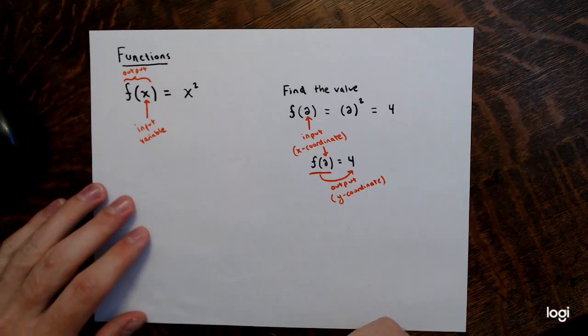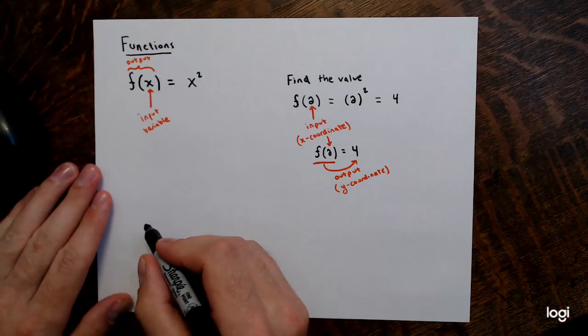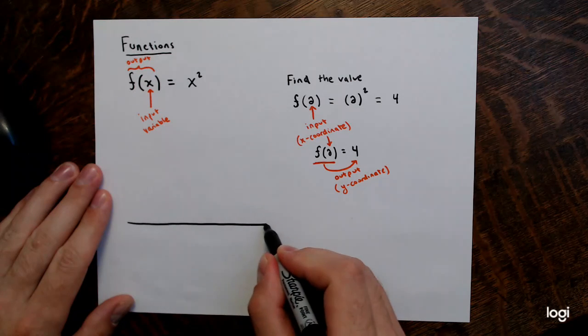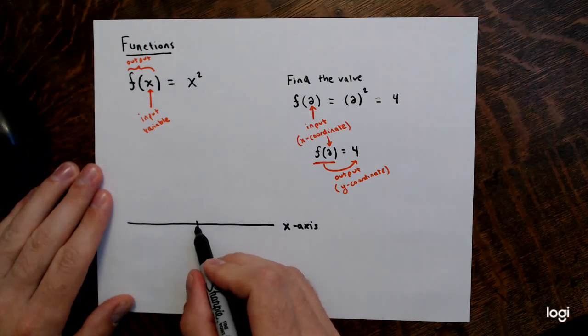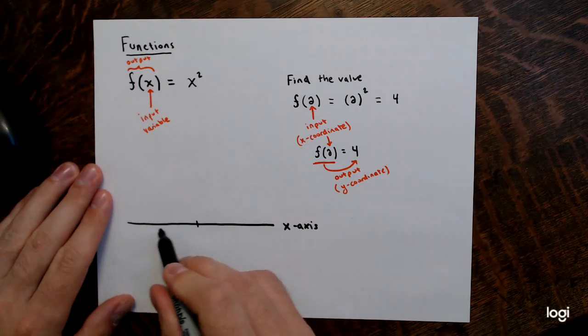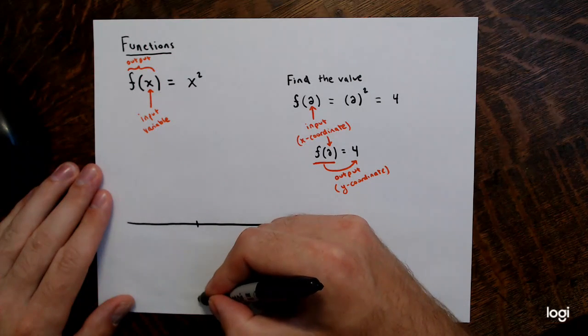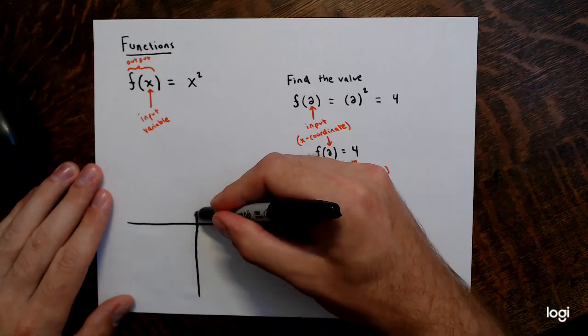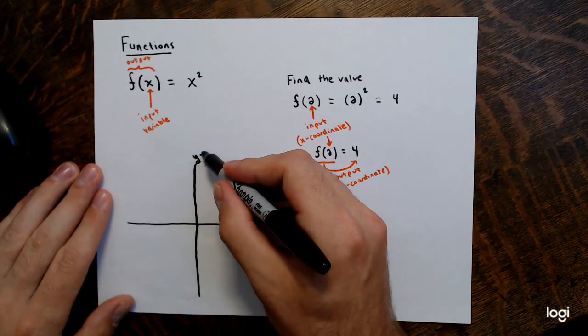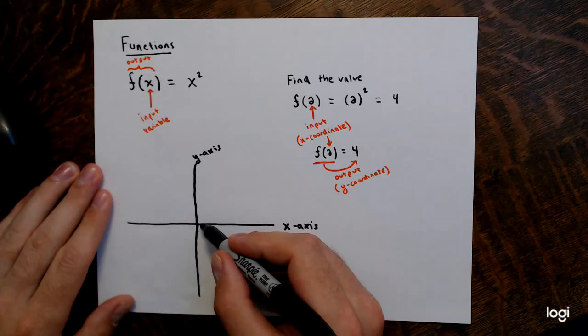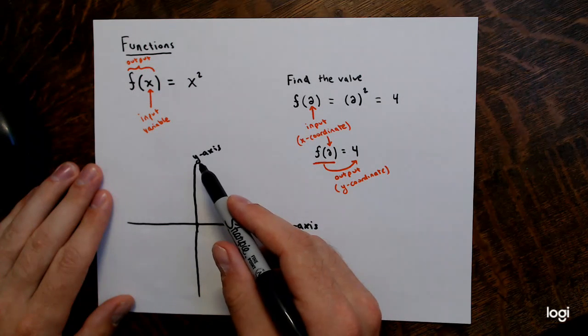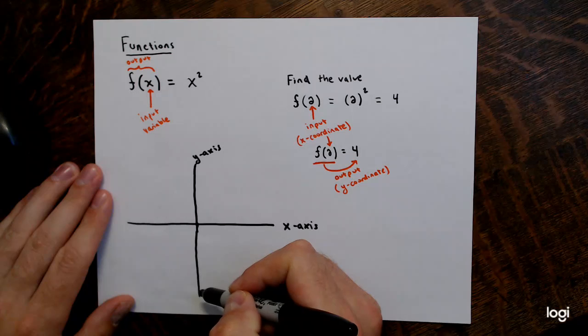So I'm going to make a rough sketch here of an xy coordinate plane. So you have the horizontal axis, the x-axis. It's a number line, right? You got 0 in the middle, positives to the right, negatives to the left. The vertical axis perpendicular to that, the y-axis. And again, it's another number line with 0 here, positive y coordinates above, and negative going down.